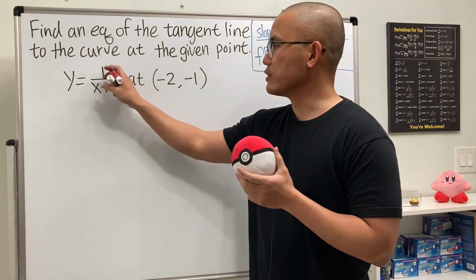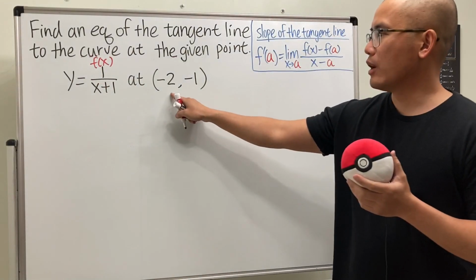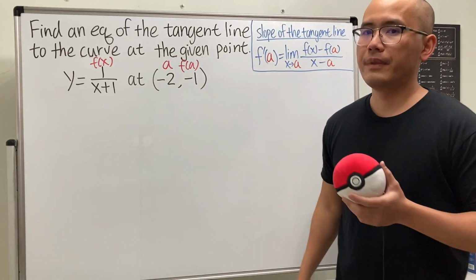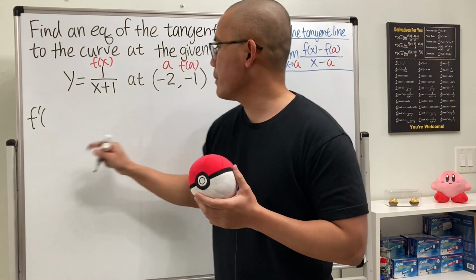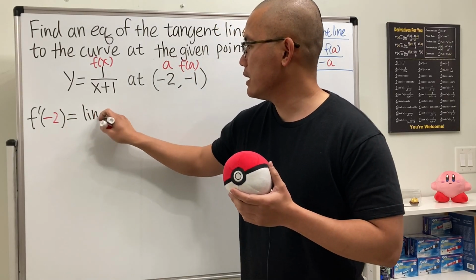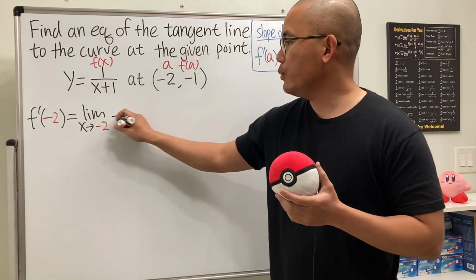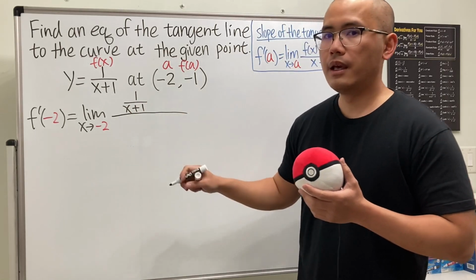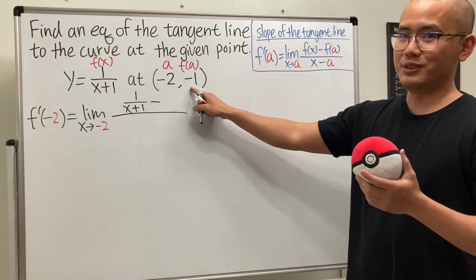All right, one more example. This time our function is 1 over x plus 1, which is denoted by f of x. And then this is our point, so this right here is the a, and this right here is f of a. And you know it, we are going to get the slope first. Here we go. The slope is f prime of negative 2. And then we will just do the limit as x approaching the a value, which is negative 2. And here we have the function, which is 1 over x plus 1. And we are going to minus our f of a value, which is negative 1.